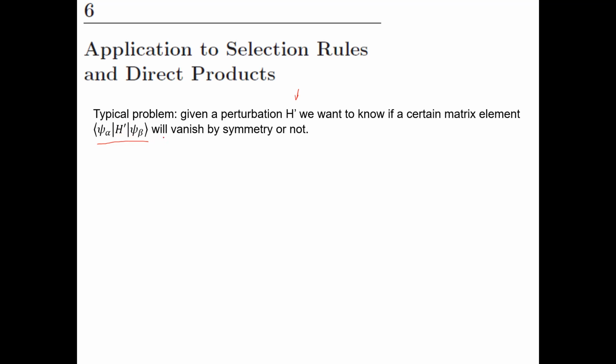We want to know if this will vanish by symmetry or not. That means if the transition will be allowed or forbidden by group theory. This is a very important and powerful application of group theory, and this is what we will learn by the end of this chapter.